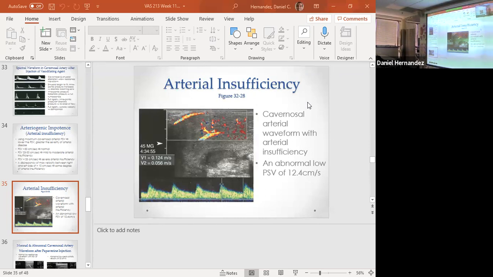So this is an example showing arterial insufficiency. This is that cavernosal artery waveform with arterial insufficiency. So even though the waveform looks like what you'd expect with low resistance, our peak systolic velocities are very low. So this would be indicative of arterial insufficiency.